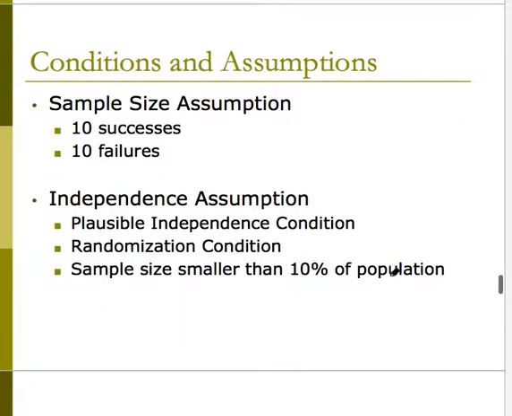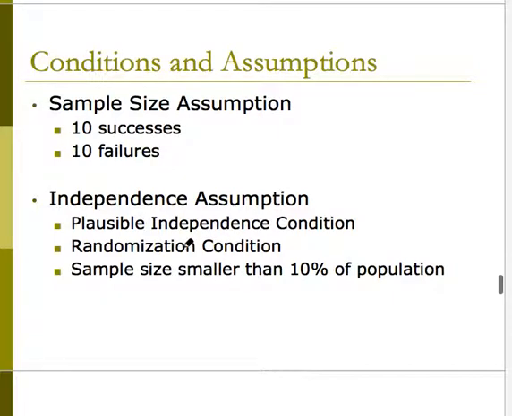We still have the same conditions and assumptions, and as you work through these problems, you need to make sure you include all of this. First of all, the sample size assumption. I think this is now the third time you've heard this in a different chapter. You need to show that there are 10 successes and 10 failures. You need to show the independence assumption, that you have a plausible independence condition, that the values that you're calculating are independent from one another.